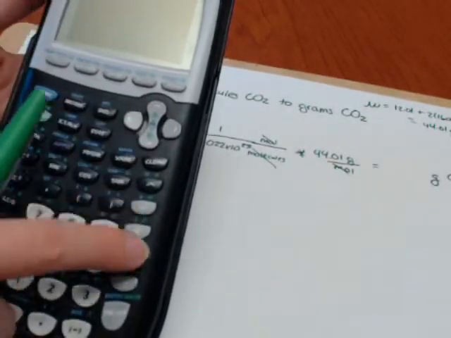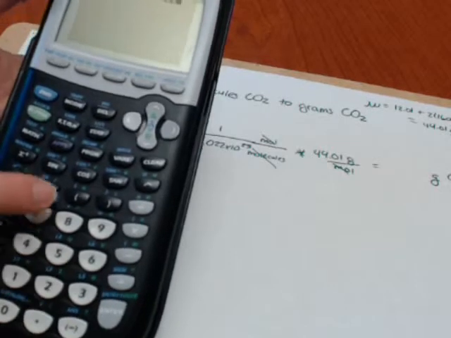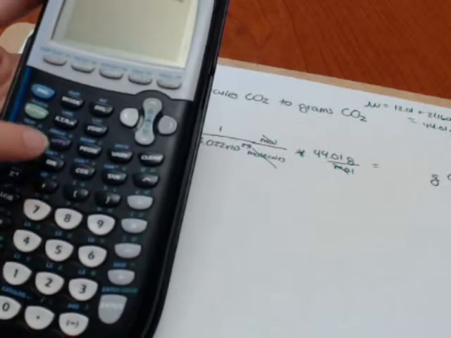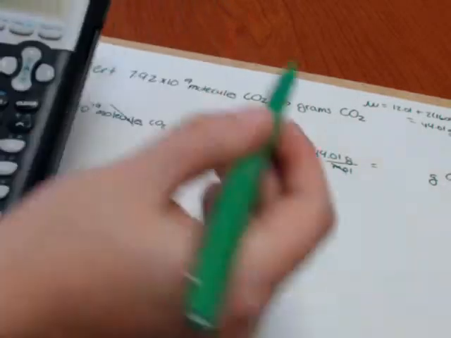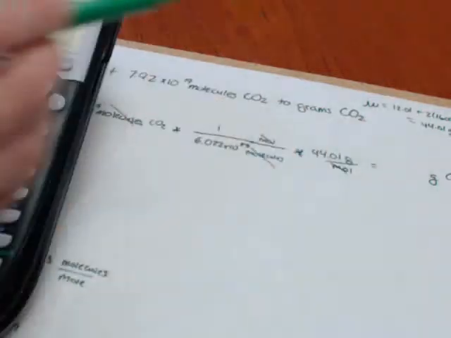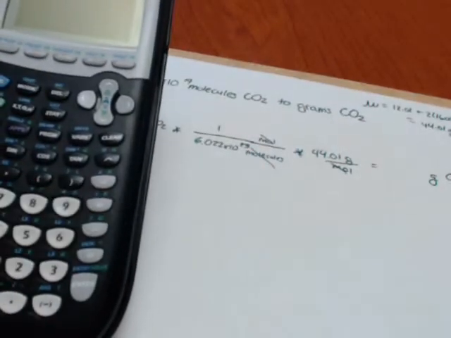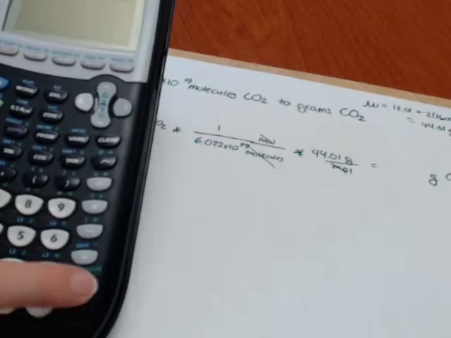Divide, not multiply, divide by 6.022, and then my double E function again to get that power of 23. Now the last step is to multiply by 44.01 and hit enter.